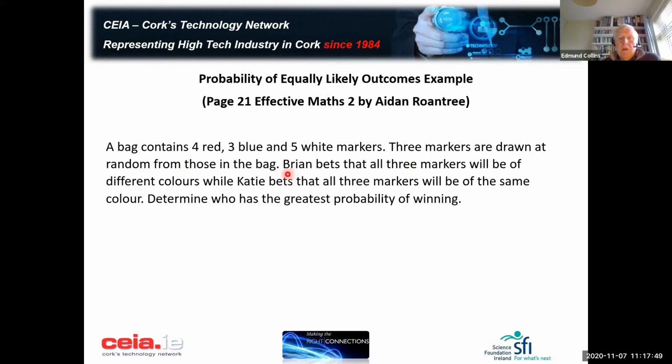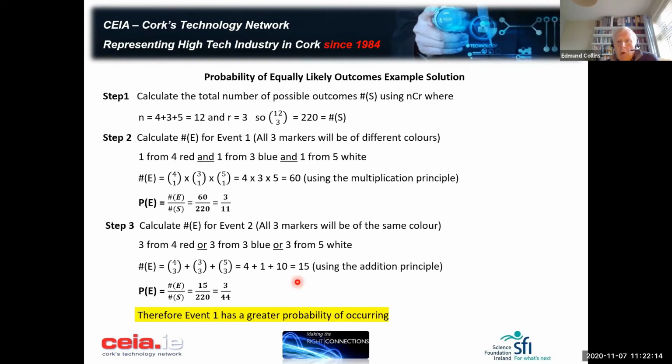Brian bets that all 3 markers will be of different colors, while Katie bets that all 3 markers will be of the same color. Determine who has the greatest probability of winning. You're correct, addition and multiplication principles are used, but the number of possible outcomes is 220.